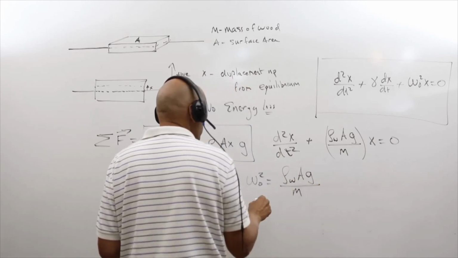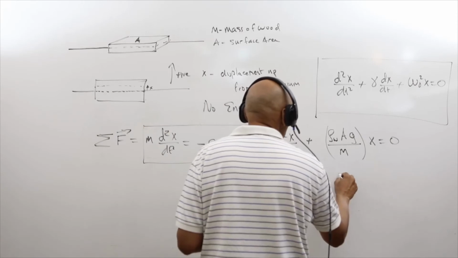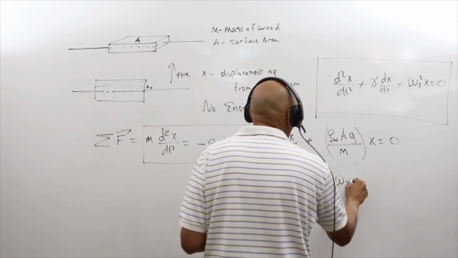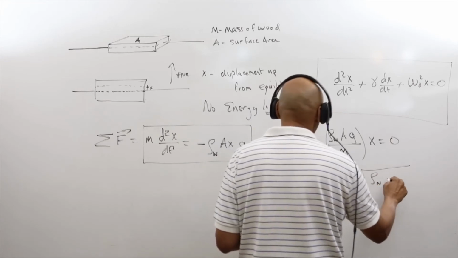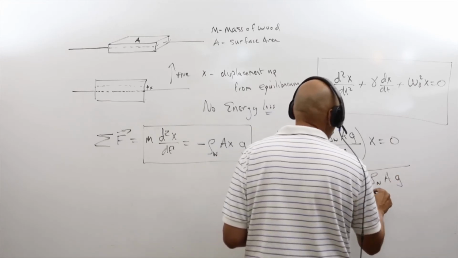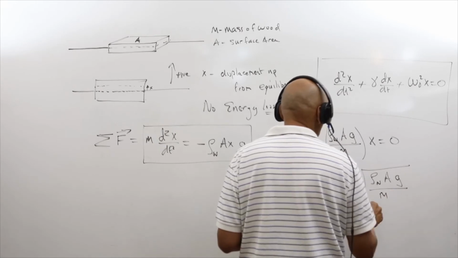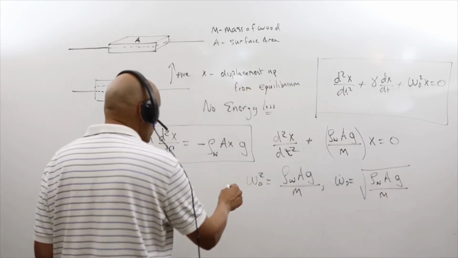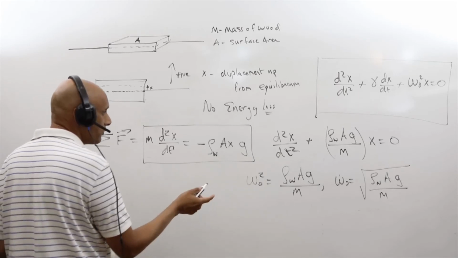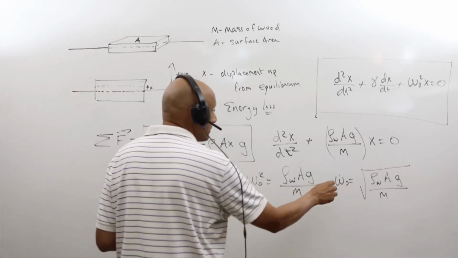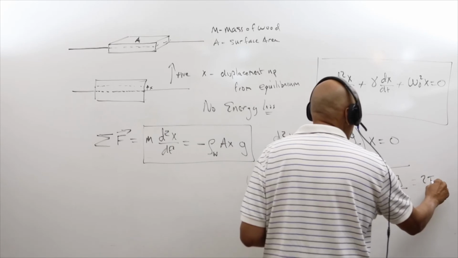And so omega naught is equal to the square root of the density of water times the area times gravity over the mass of the object. And of course omega we also know is 2 pi over T. So this is also equal to 2 pi over T.